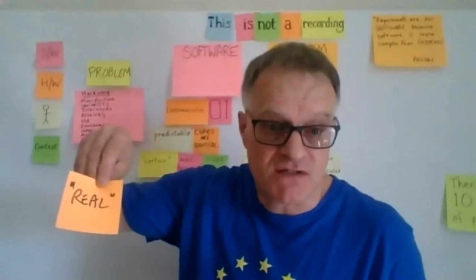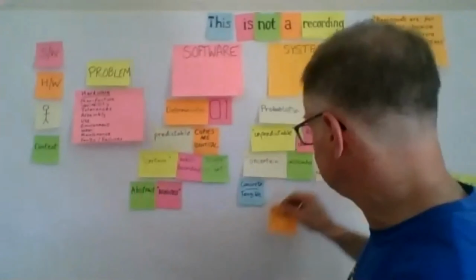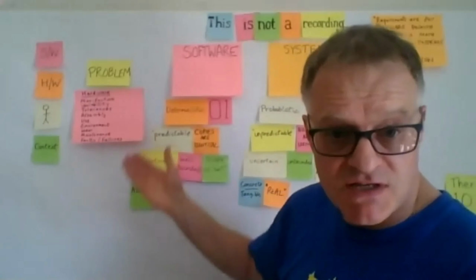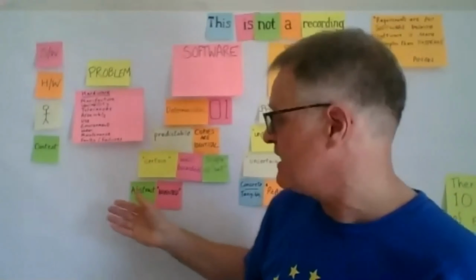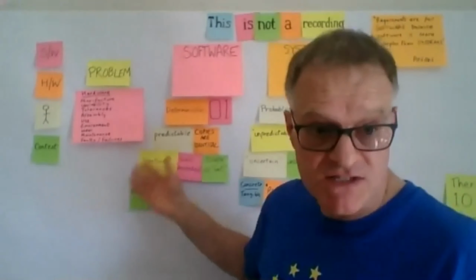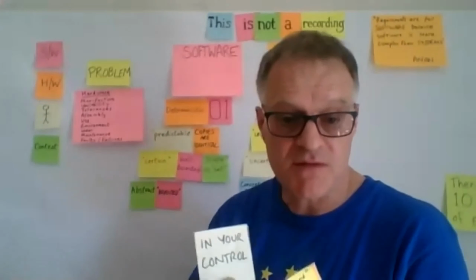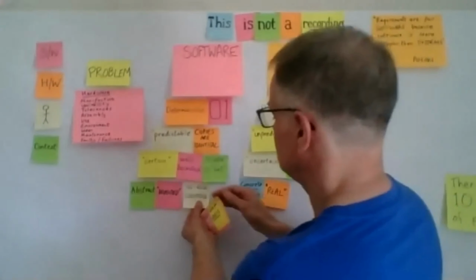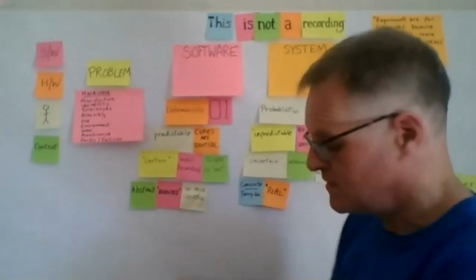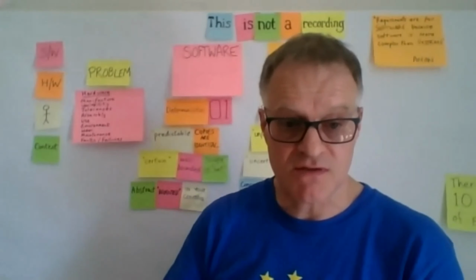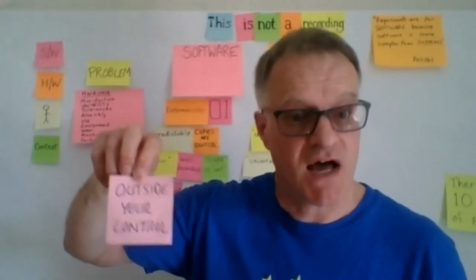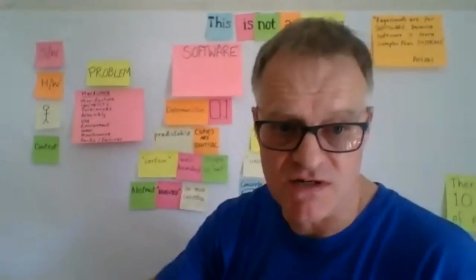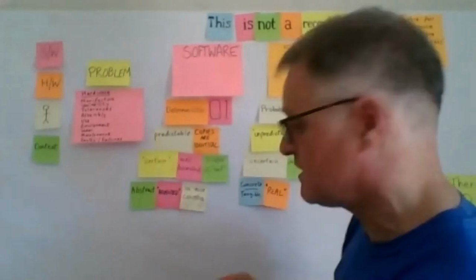It's physical things. It's real. Because of some of these things I've said about the scope being set, and you're inventing the software, pretty much everything in the software world is in your control. And guess what? In systems, there are things that are outside of your control: how users behave, tolerances on manufactured, engineered items, hardware, and so on.